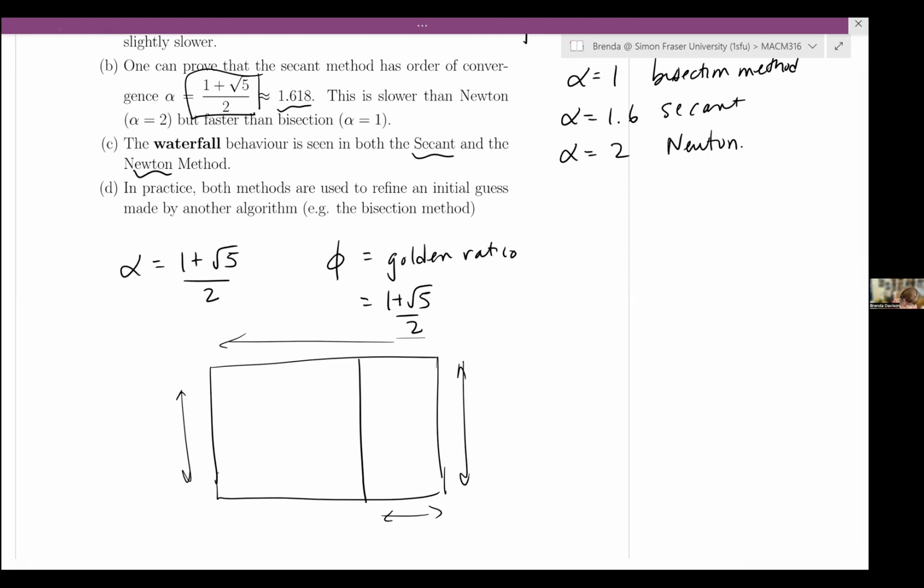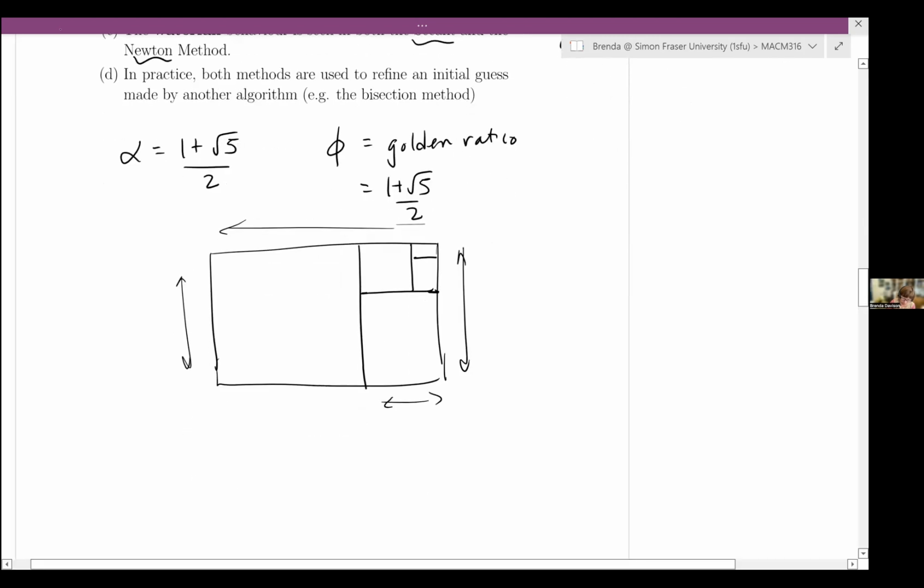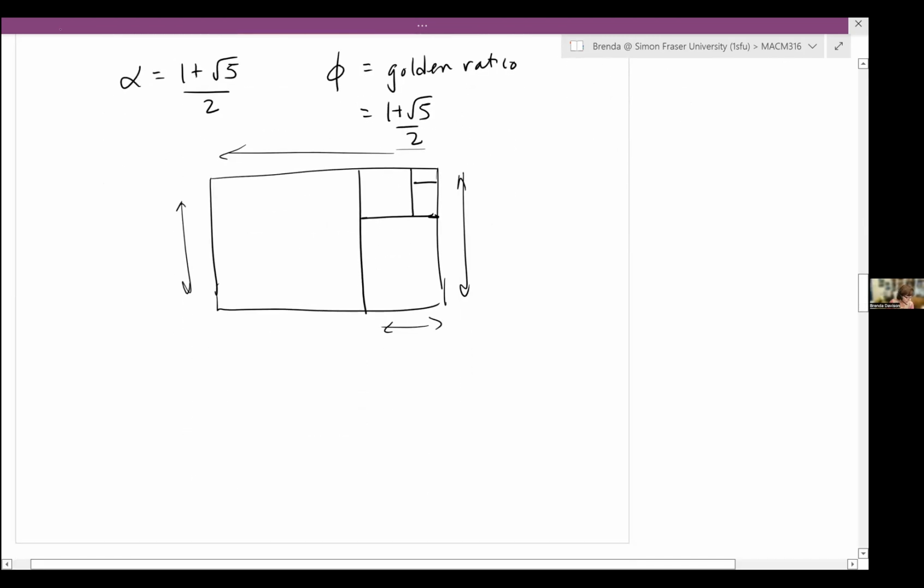And then you would do that same division here, make that rectangle there have a similar aspect ratio, and then you could do it again here and again here. You get that very pleasing pattern, and this golden ratio actually shows up quite frequently in architecture or in art. It has a pleasing look to it. It also shows up in the Fibonacci sequence.